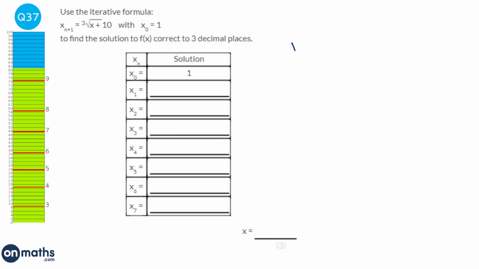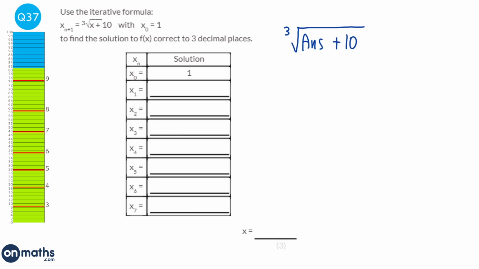So on your calculator, it should look like this: the cube root, and then answer plus 10. When we press the equals button, what will happen is it will work out what the next number is in our iteration.